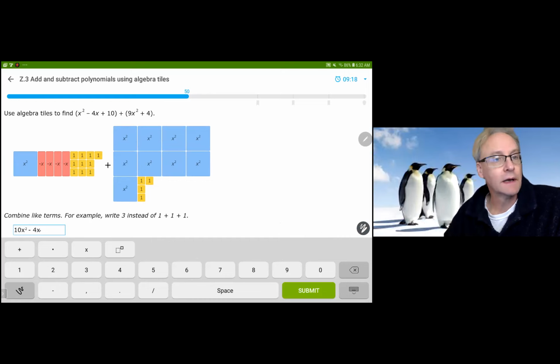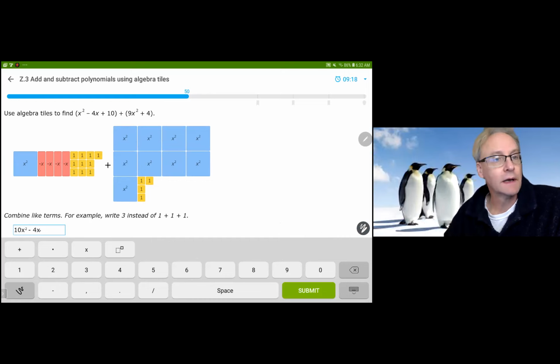All right, we've got 12. Oh, no, we don't. We are subtracting negative x squareds. So I'm going to get rid of 4 of them. There they are. I got rid of 4. And then I'm going to get rid of, it looks like 7 units. There's 7 units I'm getting rid of, and I'm getting rid of them all, which leaves me with 1, 2, 3, 4 negative x squareds.